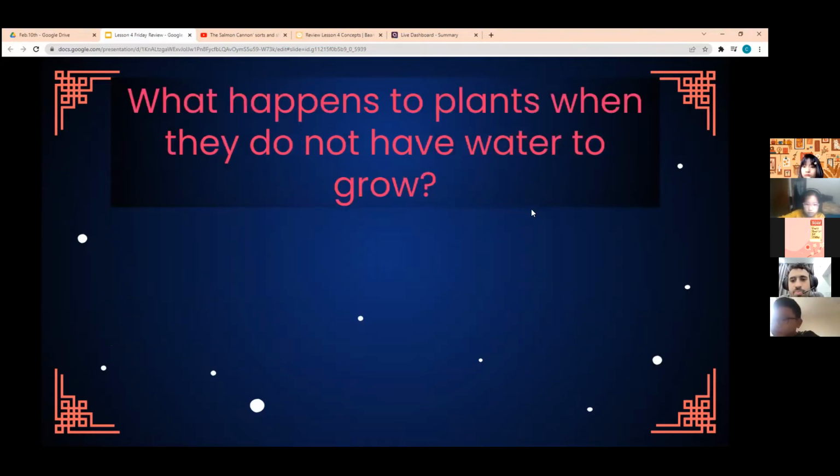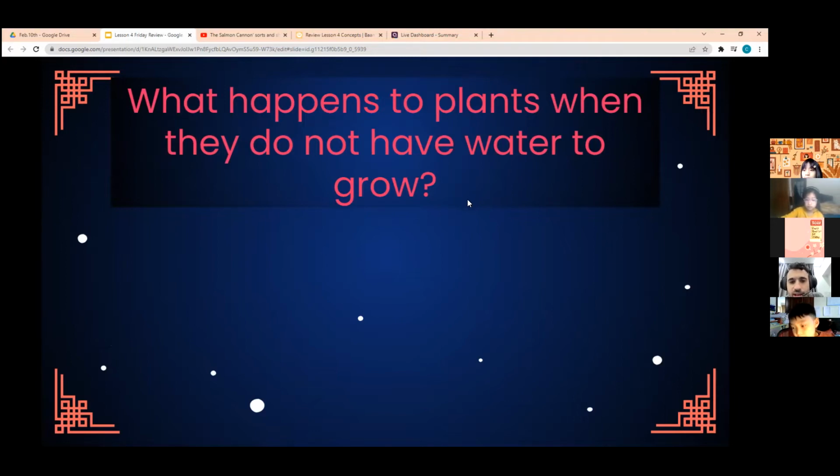Okay, what happens to plants when they do not have water to grow? Jack Vu, what happens to plants when they do not have enough water to grow? I think the leaf of the plant will turn yellow.